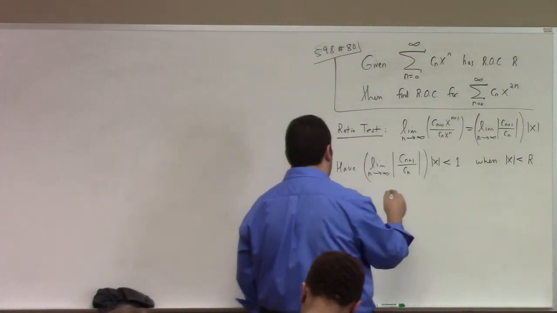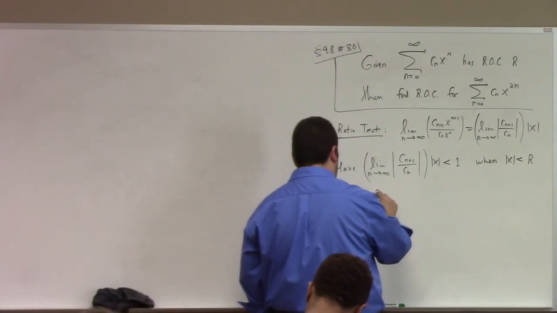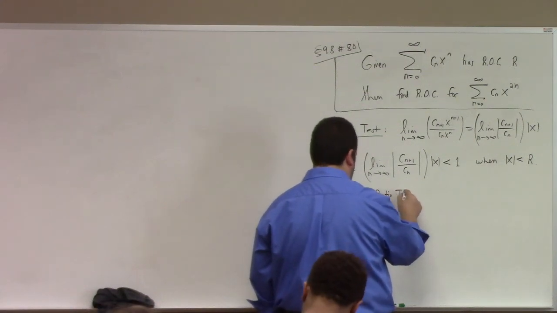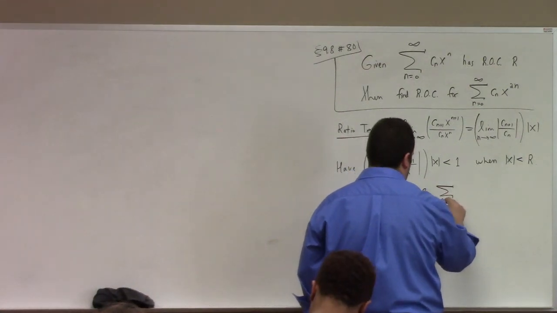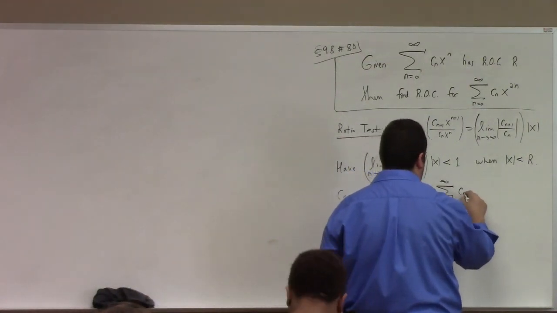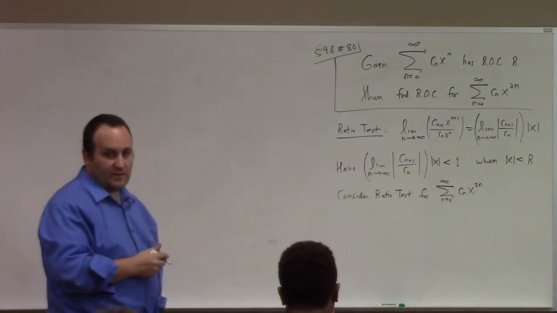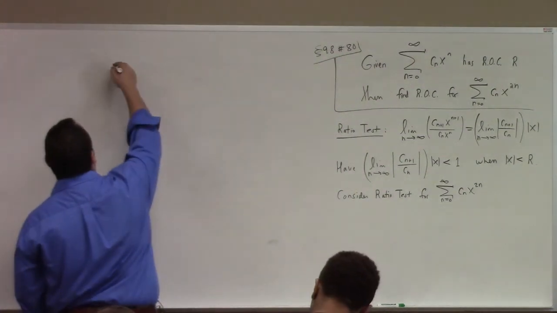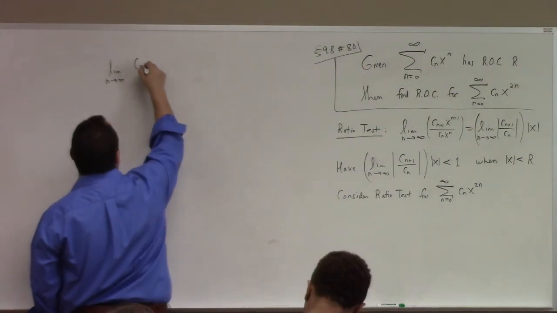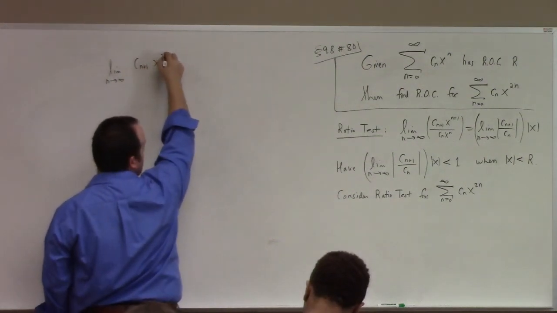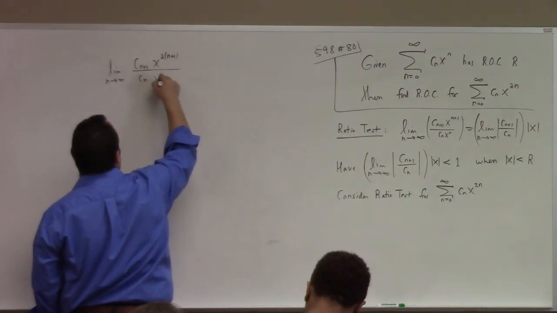Consider the ratio test for the sum from n equals 0 to infinity of Cn x to the 2n. What happens there? If we look at the ratio, we have the limit as n goes to infinity of Cn plus 1 x to the 2 times n plus 1, divided by Cn x to the 2n.